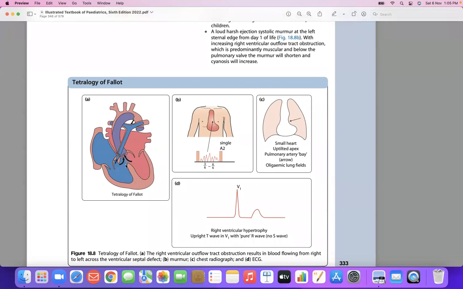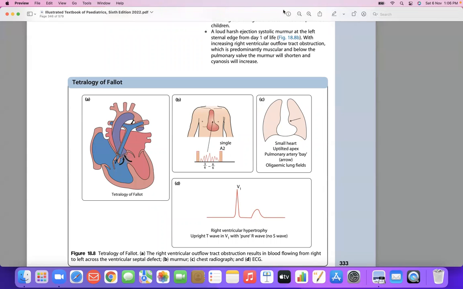Since here there will be right ventricular hypertrophy, in the ECG you will see features of right ventricular hypertrophy. One is the upright T wave in V1 and pure R wave in V1.